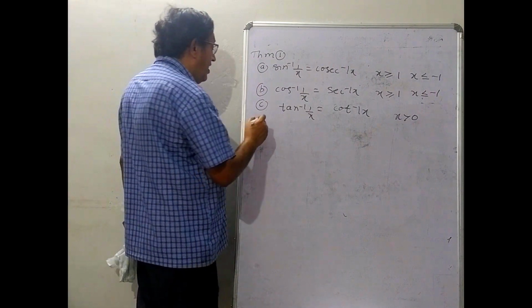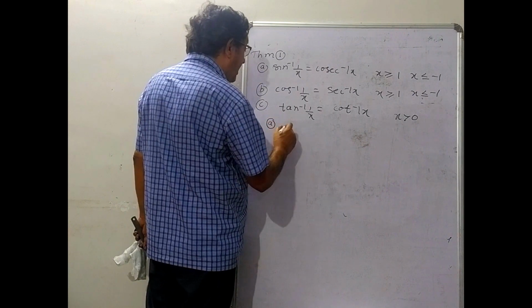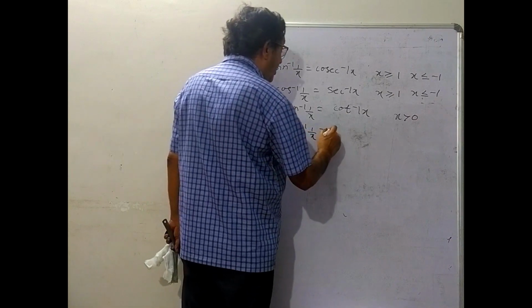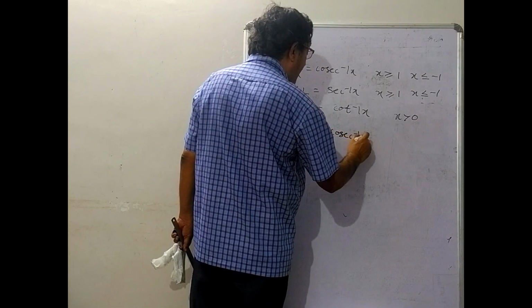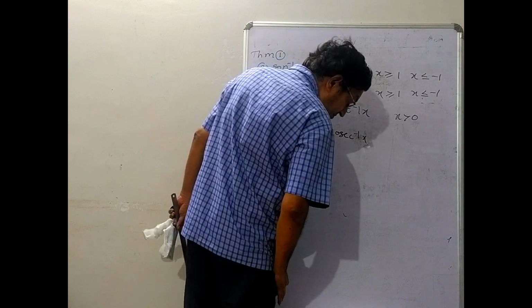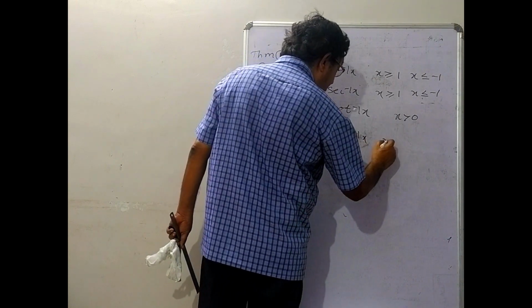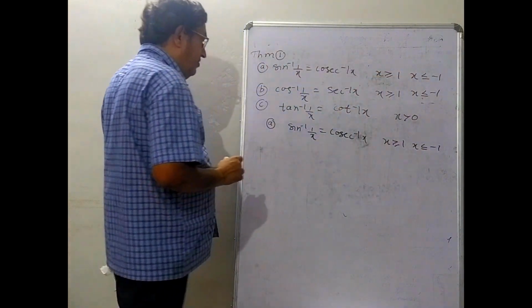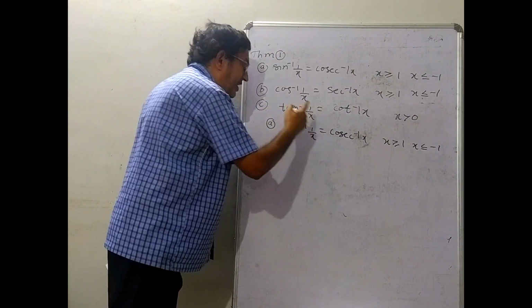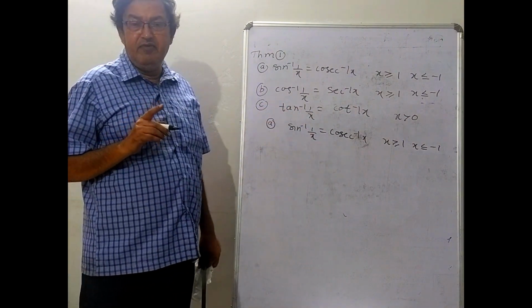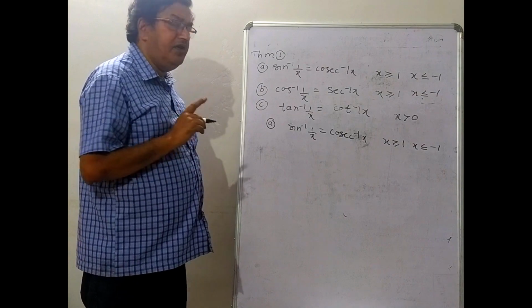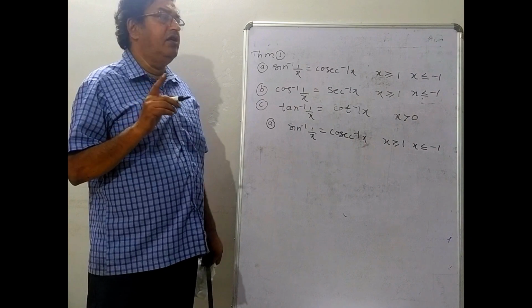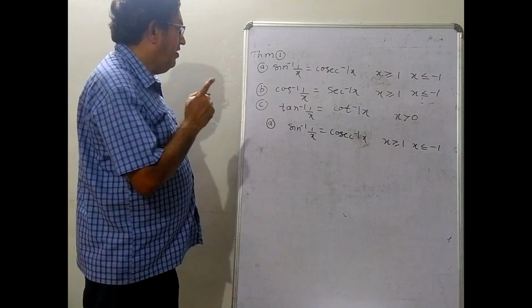So I will take part A. Sine inverse of 1 upon x you have to prove equal to cosec inverse of x, for x greater than or equal to 1 or x less than or equal to minus 1. Now see carefully how I am going to prove this theorem. The proof is based on the properties of trigonometric functions which you learnt in the first year.